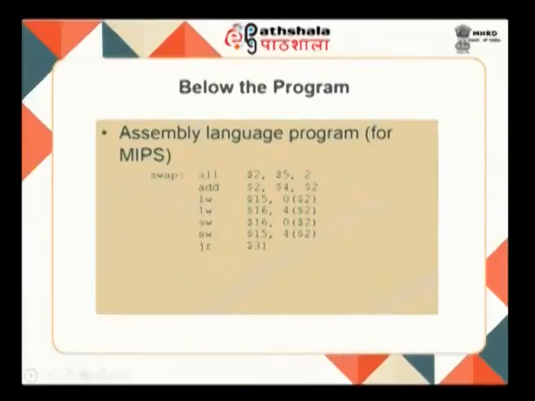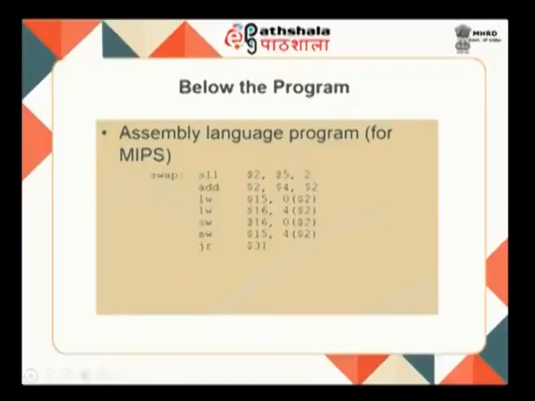You find that this consists of a number of instructions like SLL, add, LW is a load, SW is a store, and all that. Whatever you had written in high level language has now been translated into a set of instructions which are specific to the MIPS architecture. All these instructions shown here are part of the instruction set architecture of the MIPS processor.